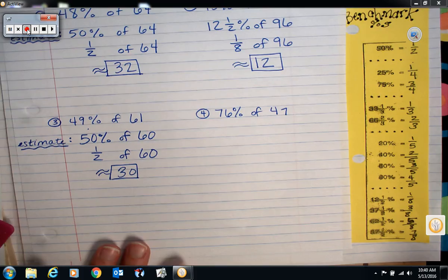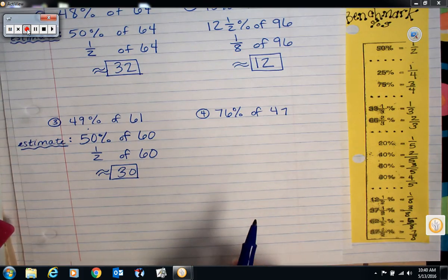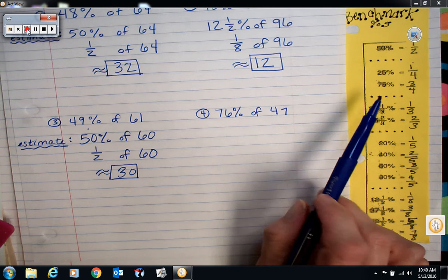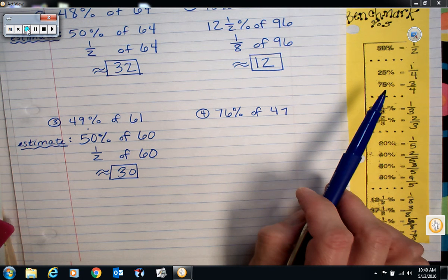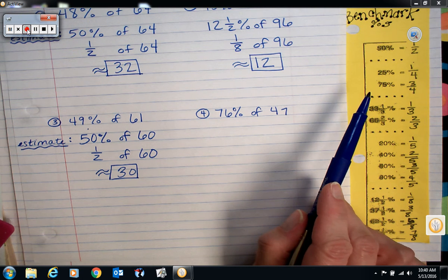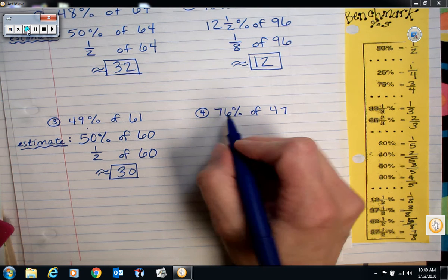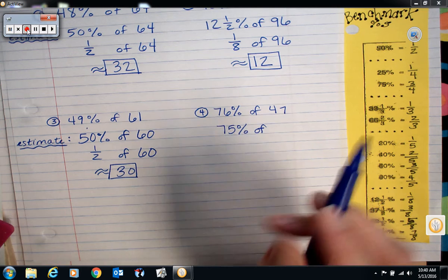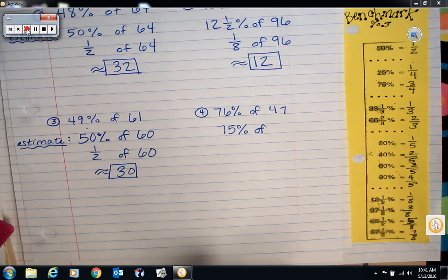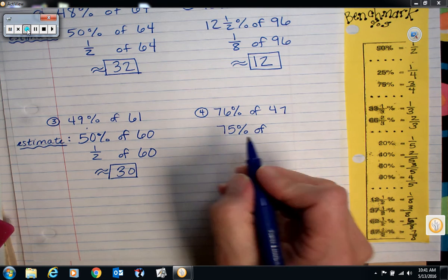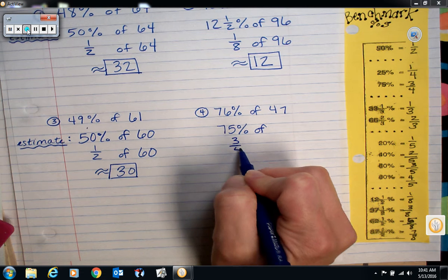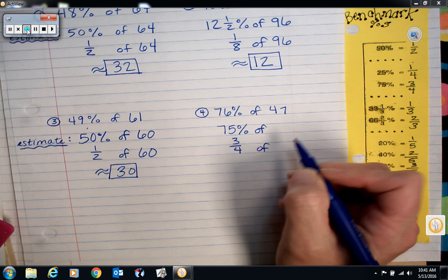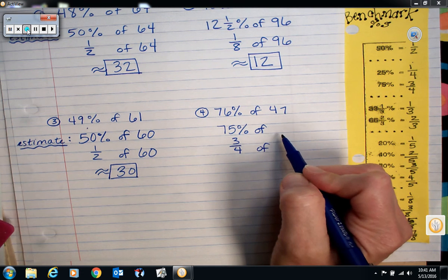So number 4, I'm going to look for 76% of 47. The closest benchmark percent is what I want to start with. So the closest benchmark percent of 76 is 75%. So let's go ahead and estimate the percent at 75%. Then I need to think forward at the fraction that's going to be equivalent to 75%, which is 3/4. So the whole number that I'm looking for needs to be a multiple of 4.